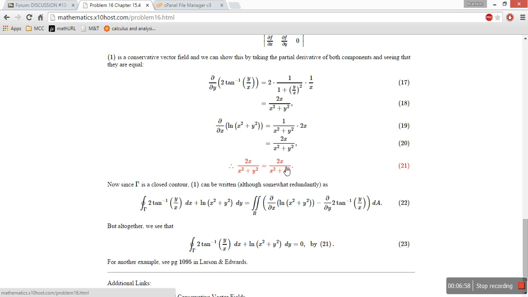If you look at the textbook, I mentioned down here there's another example on page 1095 of our textbook. The contour integral over a conservative vector field that is closed traverses some distance, but it always ends up back at itself. There is 0 work that's done.